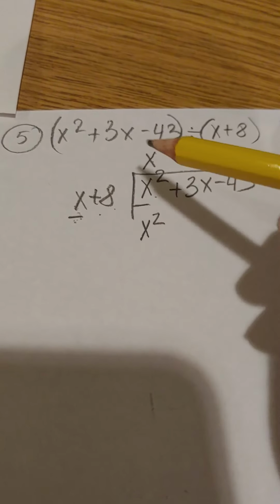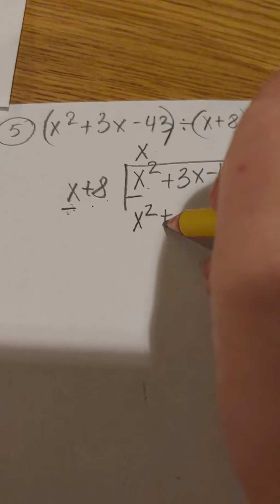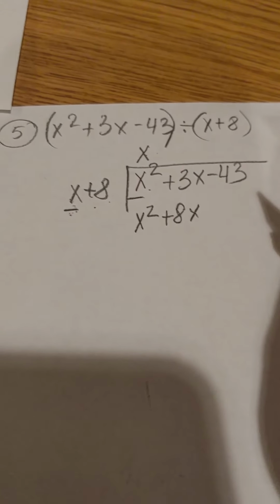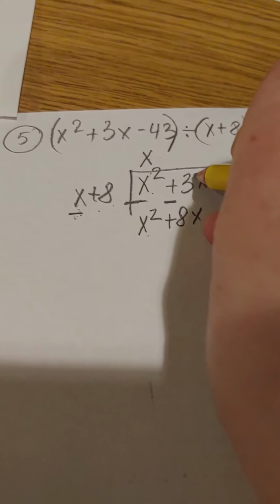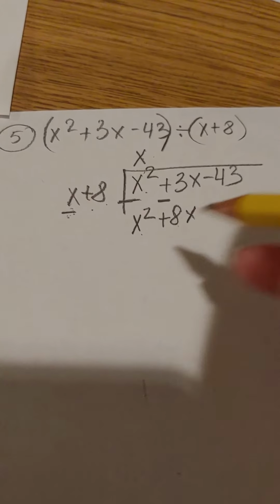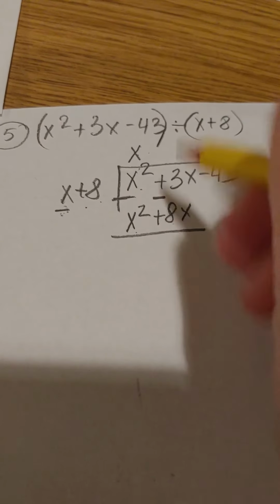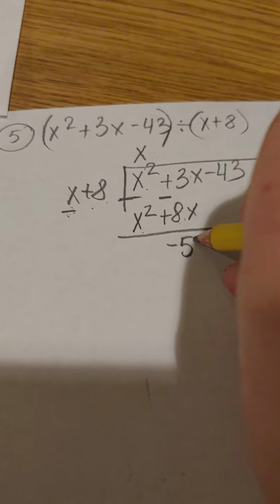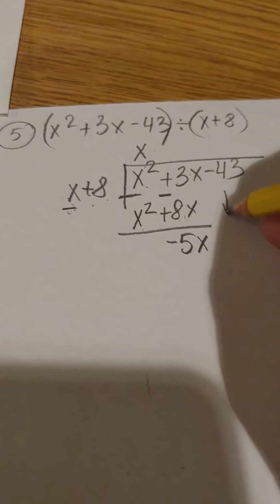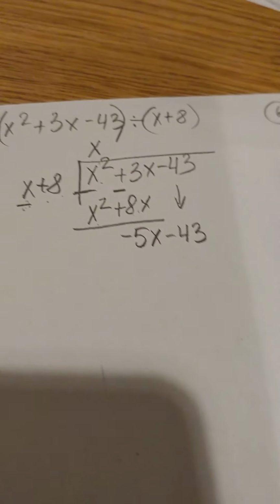So positive 8 times x is positive 8x. And then remember, we were subtracting. So x squared minus x squared is 0. 3x minus 8x is negative 5x. And then I'm going to bring this negative 43 down.